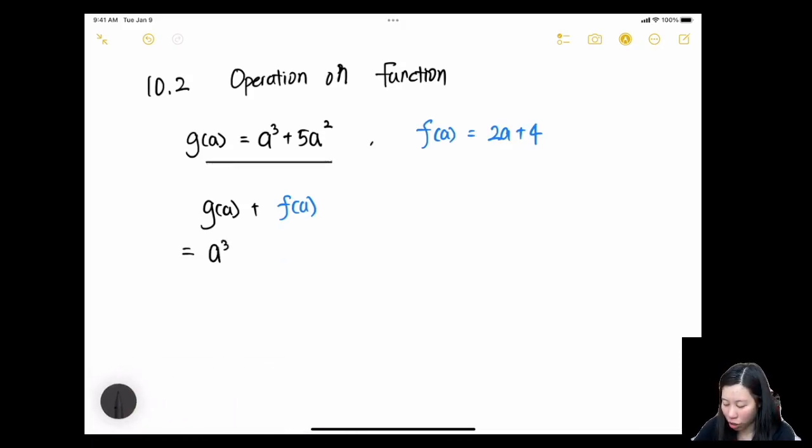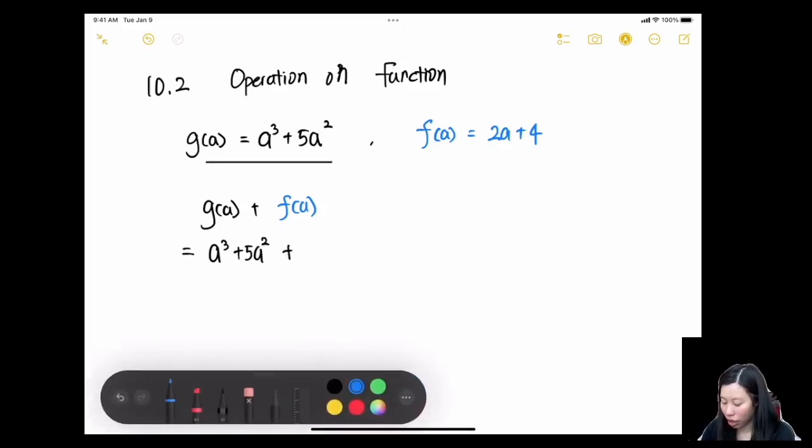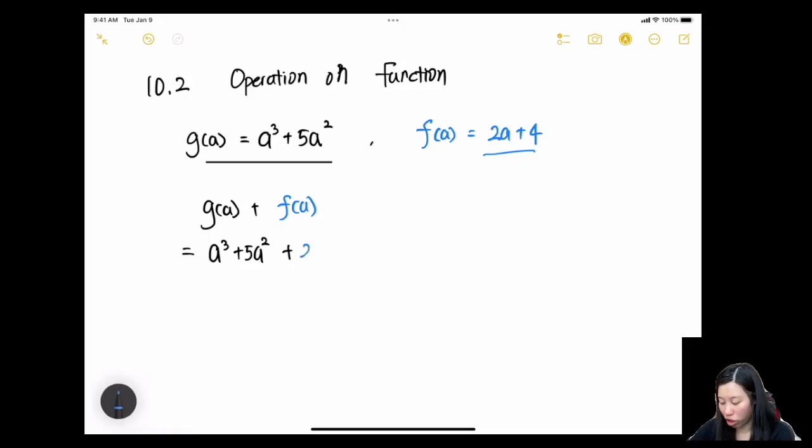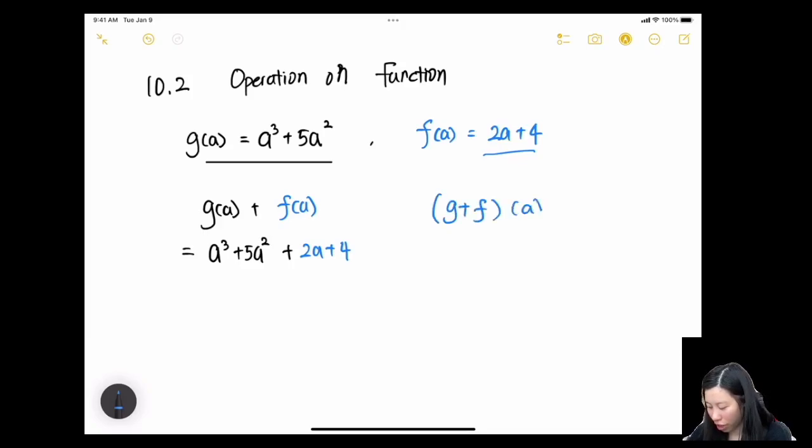I have a cubed plus 5a squared, plus the f of a part, which is 2a plus 4. Sometimes they will have the notation g plus f of a, but it means the same. It means g of a plus f of a, and then you just substitute the different parts into the function.